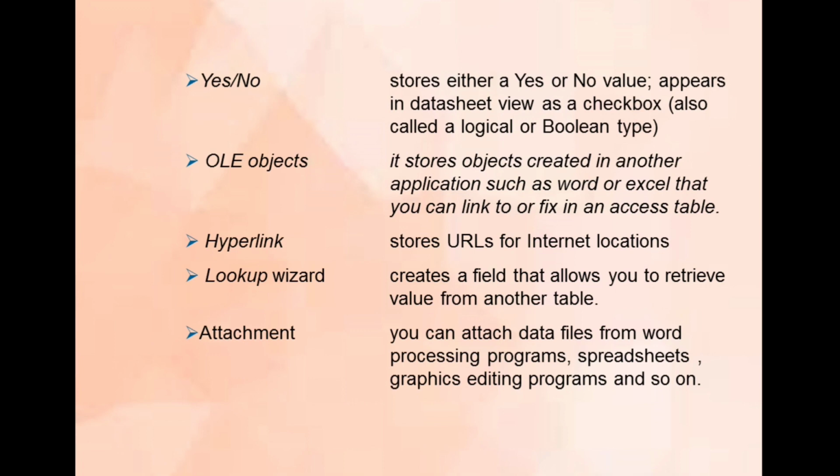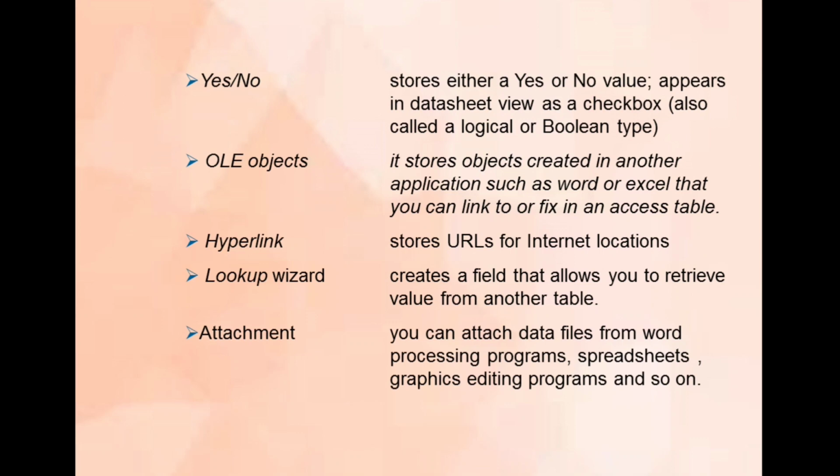Next is hyperlink. It stores URLs for internet locations. You can link to websites, email addresses, files on your computer, files on the LAN, or virtually any other location. Next is lookup wizard. Depending on the usage, this type creates either a lookup list from the data that you specify or a lookup list for the values in another table.